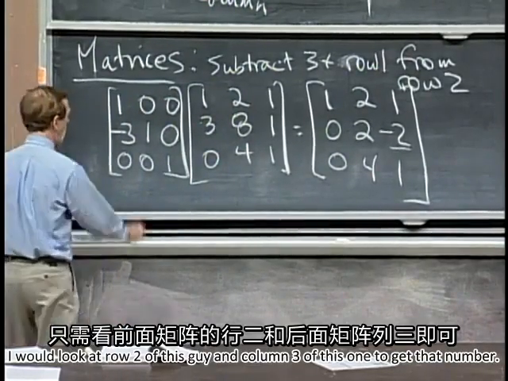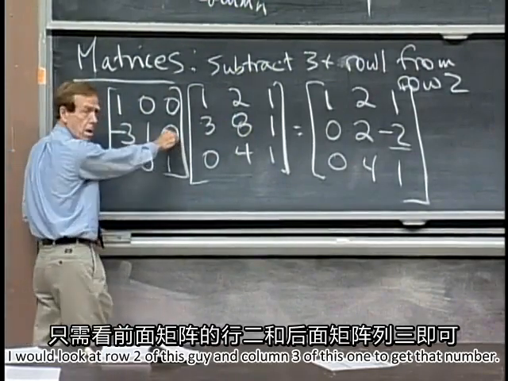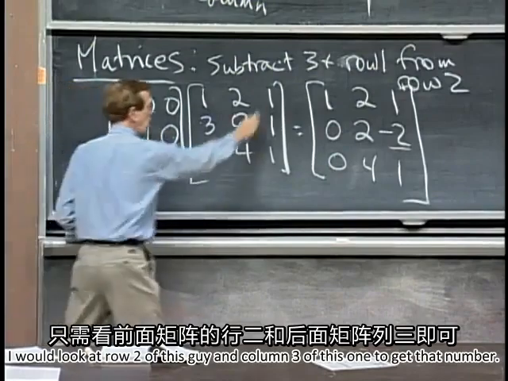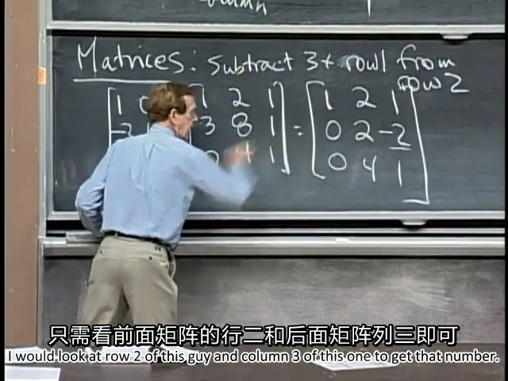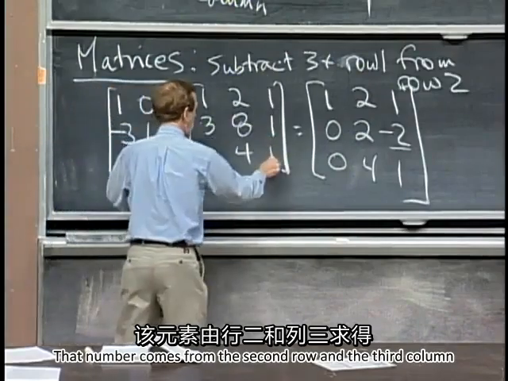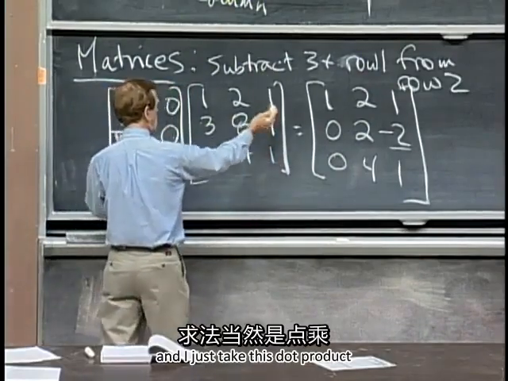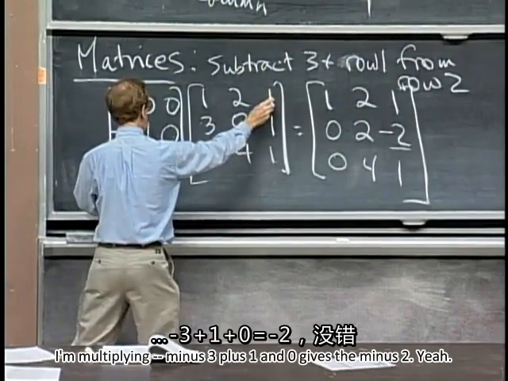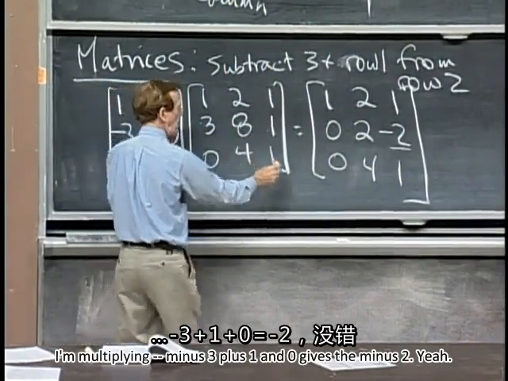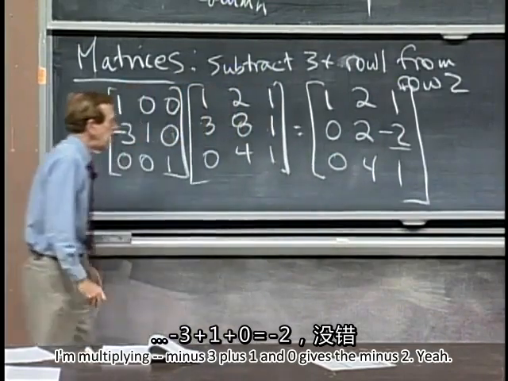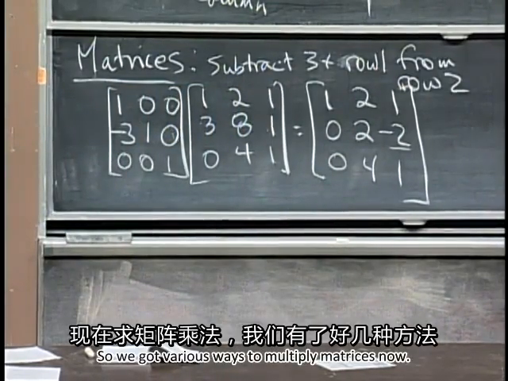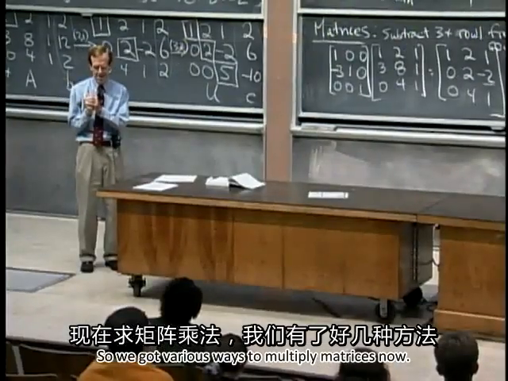I would look at row 2 of this guy and column 3 of this one to get that number. I just take this dot product, -3 plus 1 and 0 gives the -2. Yeah, it works.